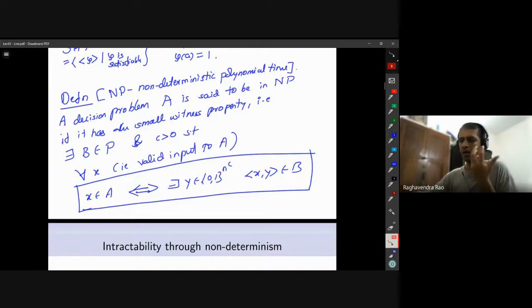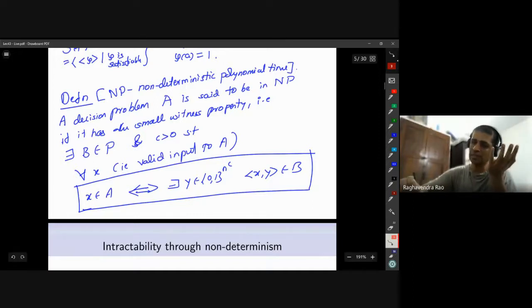You can view this existential quantification in the following way. Imagine there is someone trying to provide, or guess, a proof. Say there is a student and a teacher. The student is trying to come up with the proof, so the student guesses the proof, of a theorem or statement.